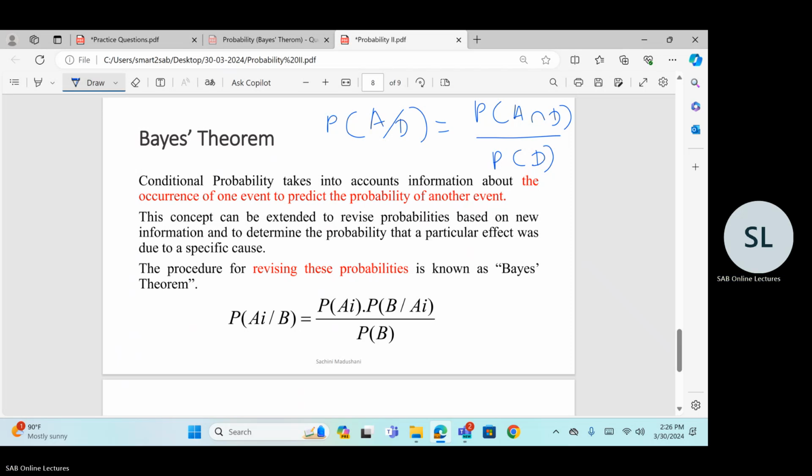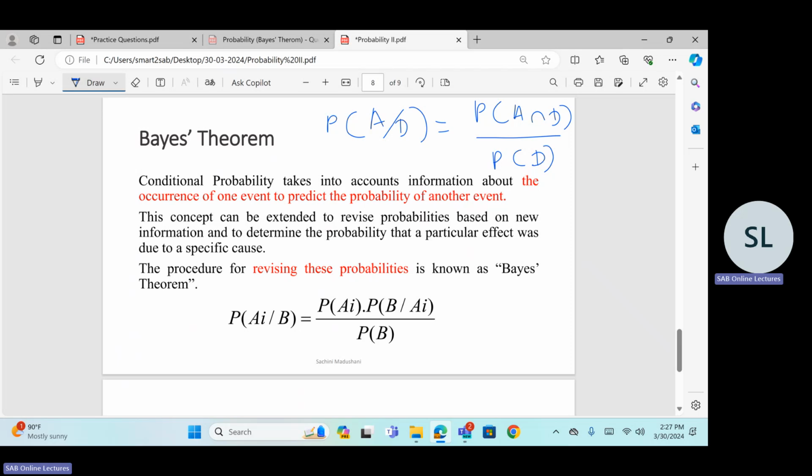That is the answer of the total probability. Yes or no? The probability of D means the answer of the total probability. In the example, what is the answer? 0.021. That is the answer for the total probability: the probability of getting a defective item is equal to 0.021.